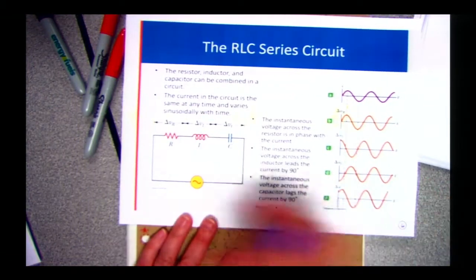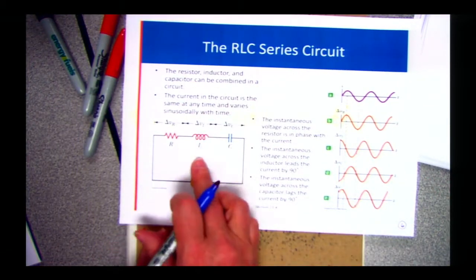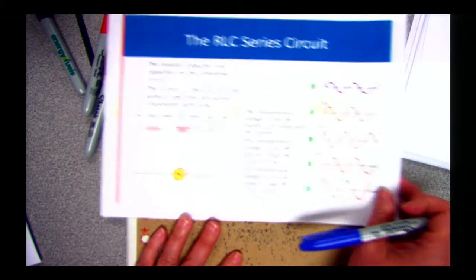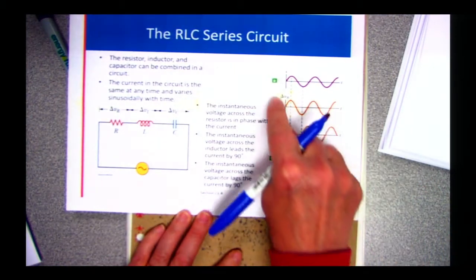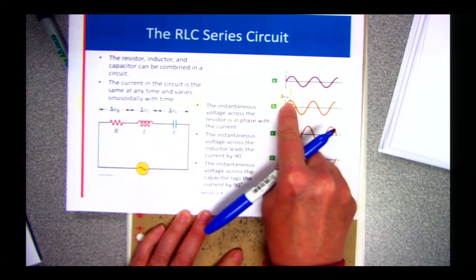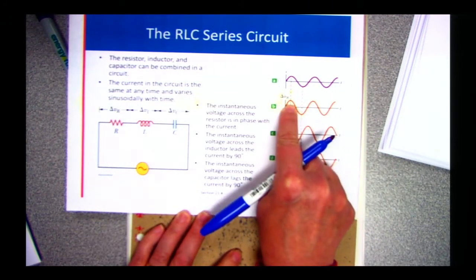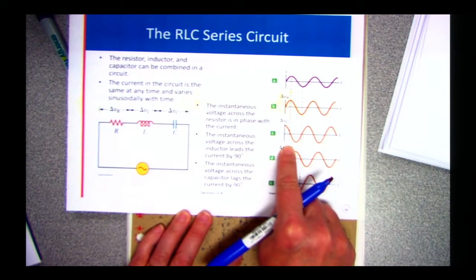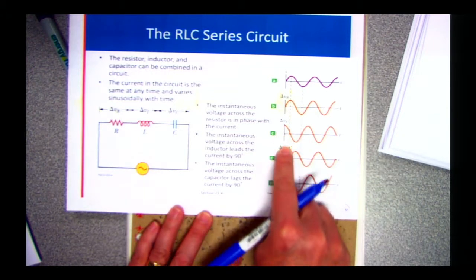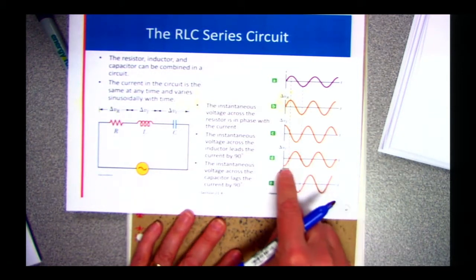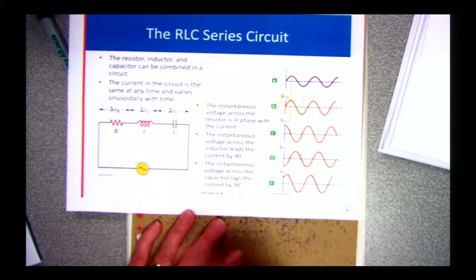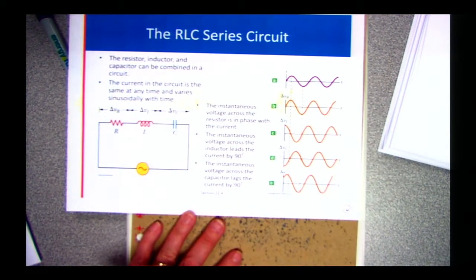So if I put the resistor in here and the inductor and the capacitor, and I'm following current, the resistor is right on top. My inductor leads, my capacitor lags, and I'm going to end up with something that's going to be dependent upon all three components.